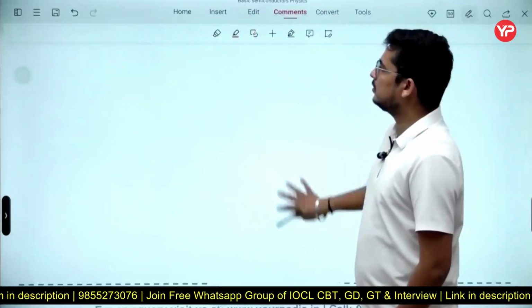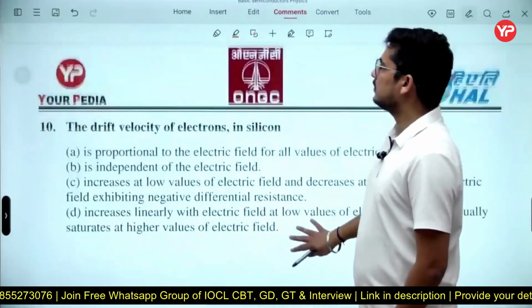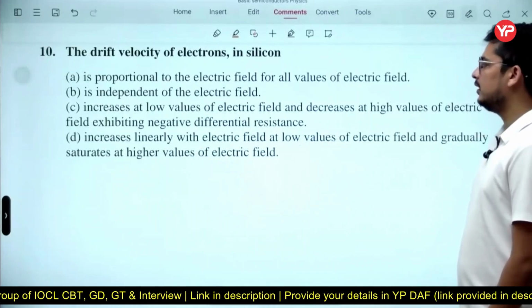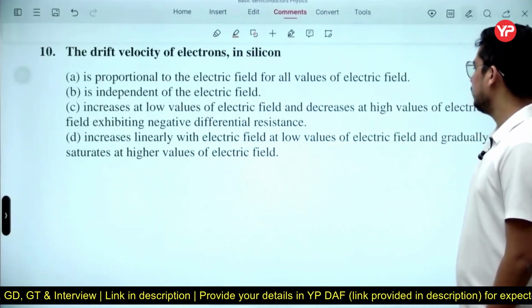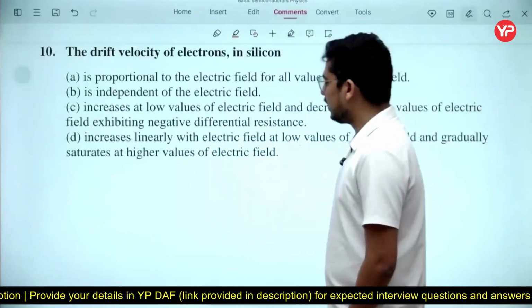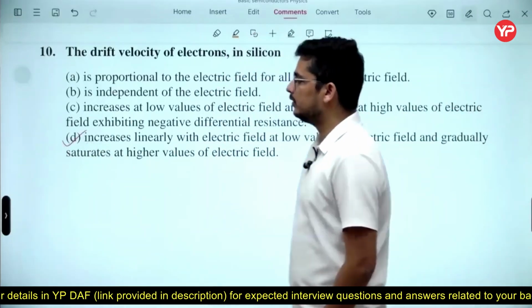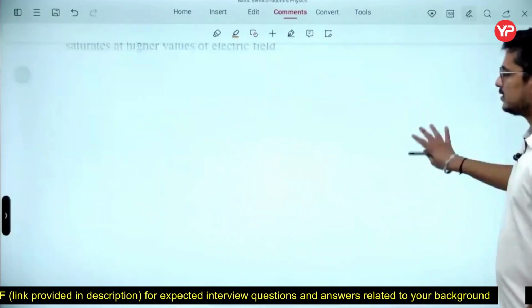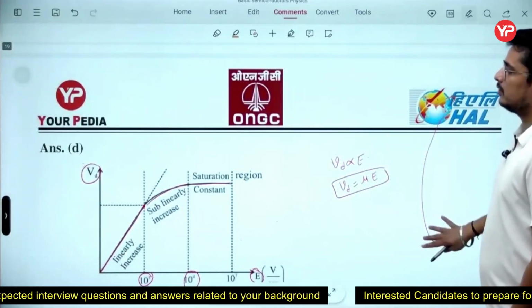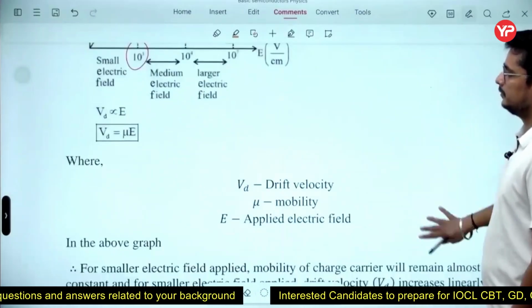Now come to the question, what he says: the drift velocity of electron in silicon increases linearly with electric field at low values of electric field, and gradually saturates at higher values of electric field. Very good, D is the correct answer. So that is the graph you should remember about drift velocity and mobility.